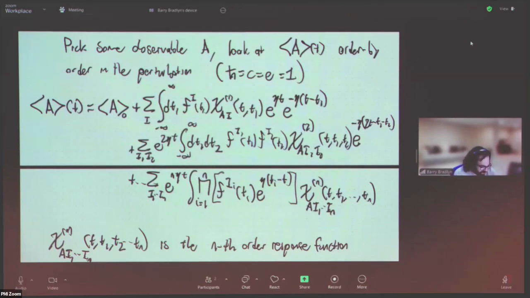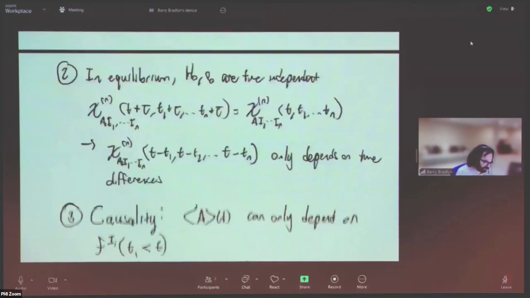The system doesn't know the difference between any of these perturbations. In fact, all of these indices, I sub I and T sub I, they're all dummy indices. If we interchange I1 and T1 with I2 and T2, the system shouldn't care.